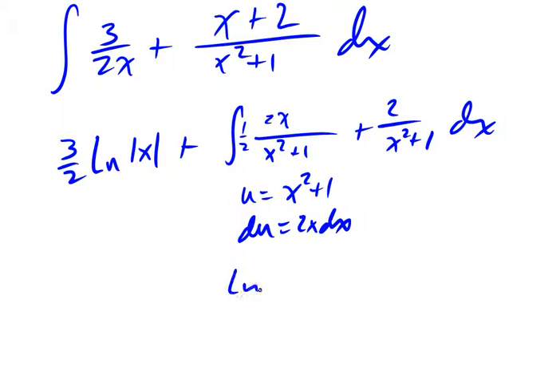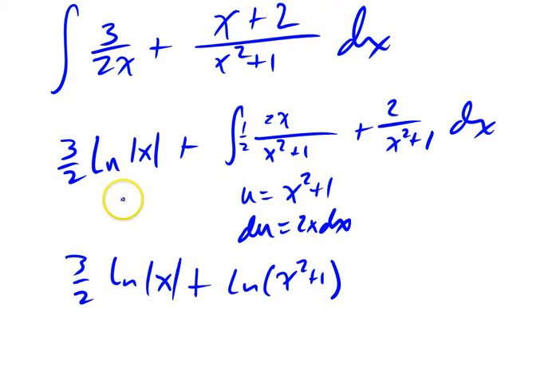This ends up being 1/2 the natural log of x squared plus 1. Notice I don't worry about the absolute value sign because x squared plus 1 is always positive. So I've still got that stuff. And then this one right here is an arctangent. 2 times the arctan of x plus c.